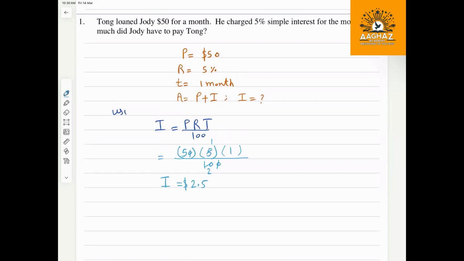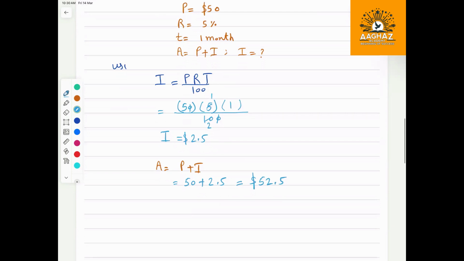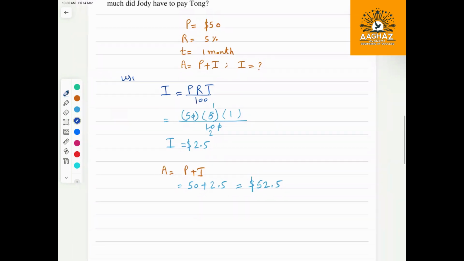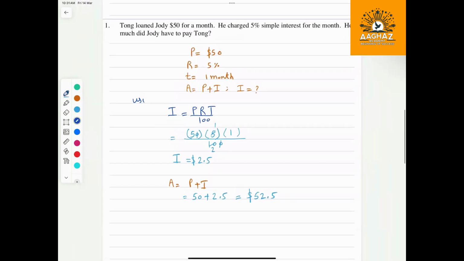J has to pay the total amount, which is equal to P plus I, I mean original amount plus interest. Original amount is 50 and the interest is 2.5. So total amount will be $52.5. It will be the answer. It will be the total amount that J has to pay to T person.